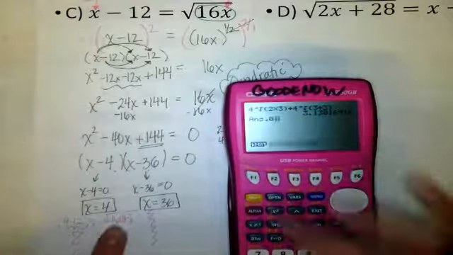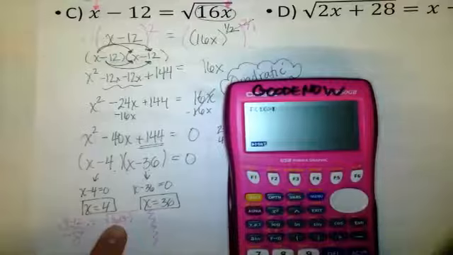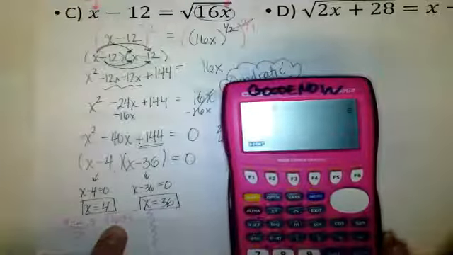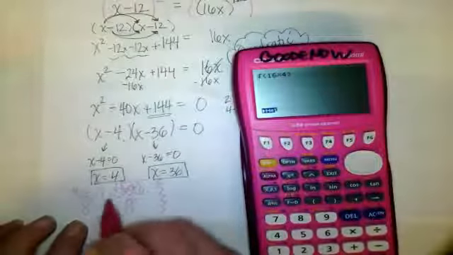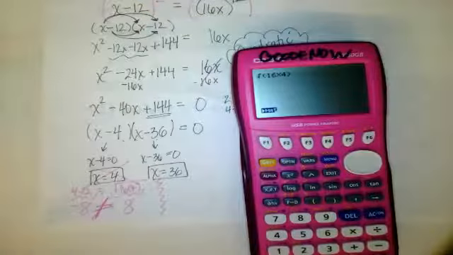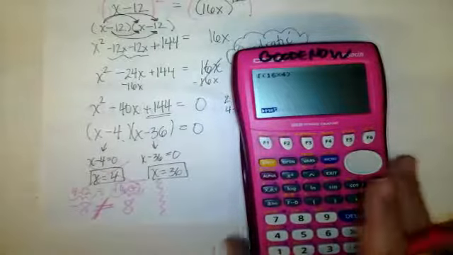On my calculator, square root of 16 times 4, that's positive 8. Did they equal each other? They do not equal each other, which means 4 is a false solution. They did not balance. 4 does not work.